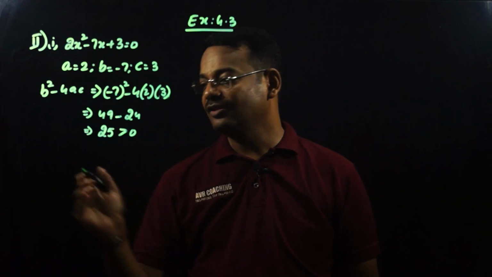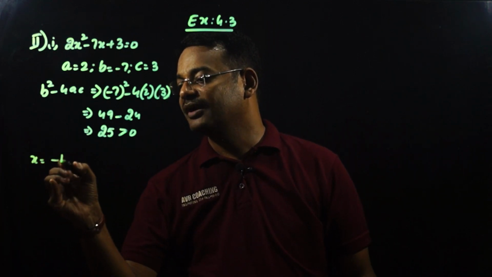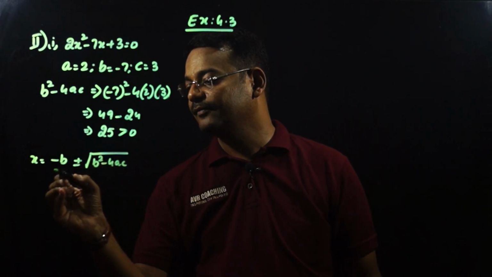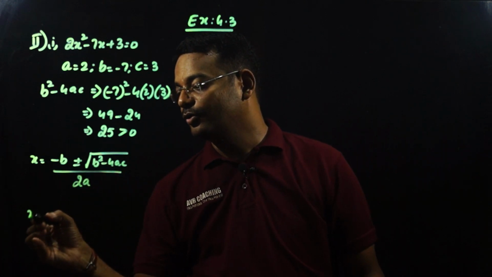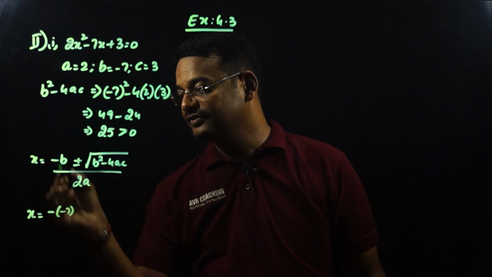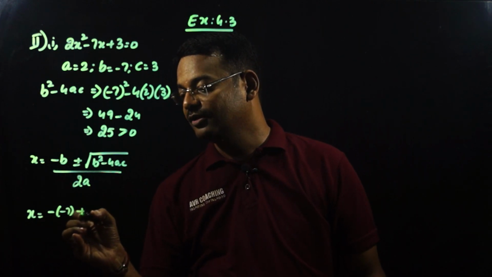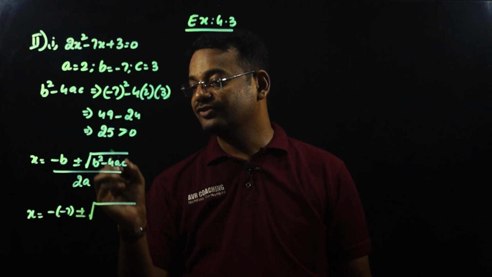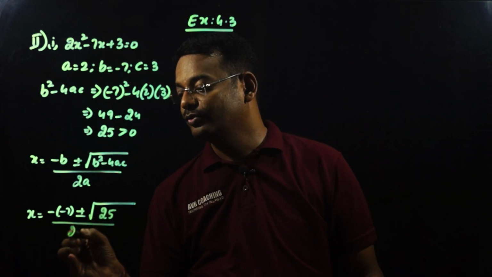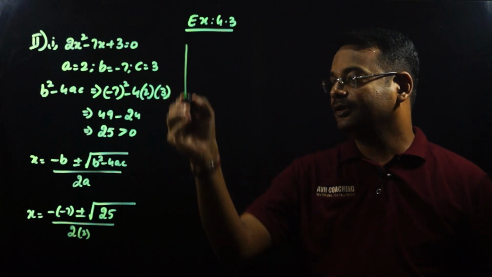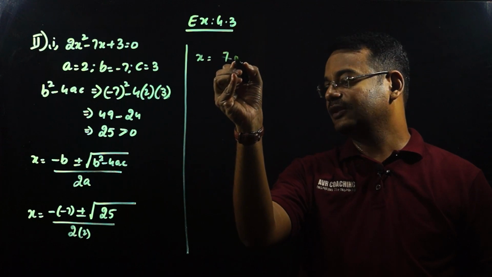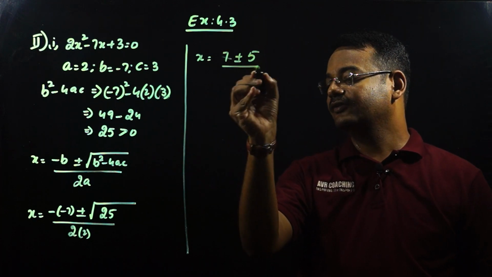Since the b square minus 4ac value is greater than 0, roots exist for the quadratic equation. So now we will apply the formula. The formula is x equal to minus b plus or minus root of b square minus 4ac by 2a. Now x equal to minus b, b is minus 7, so minus of minus 7 plus or minus root of b square minus 4ac, which is 25, we already got the value 25, by 2a, which is 2 into 2. So this will be x equal to plus 7 plus or minus 5 divided by 4.